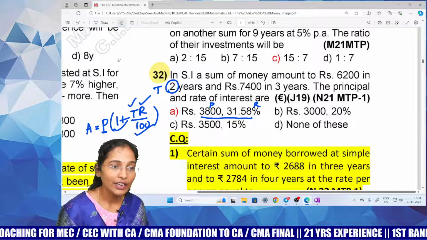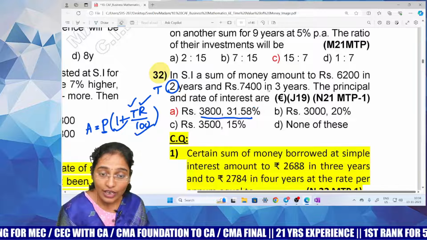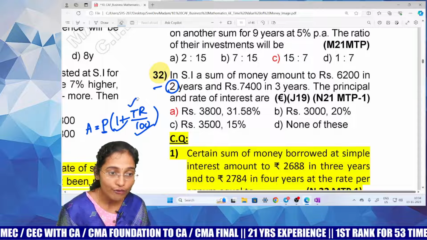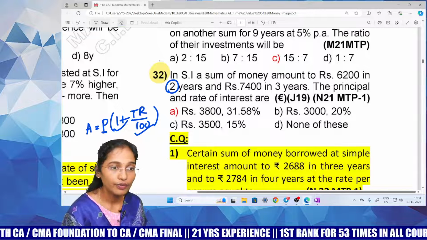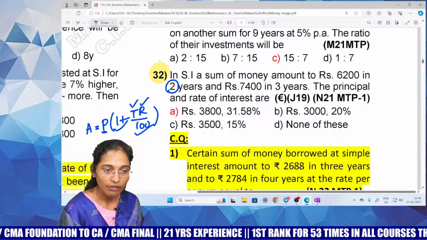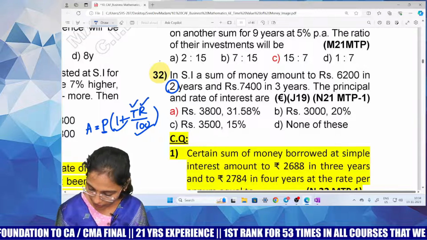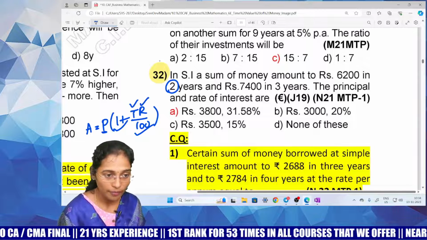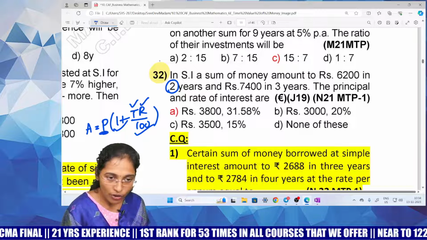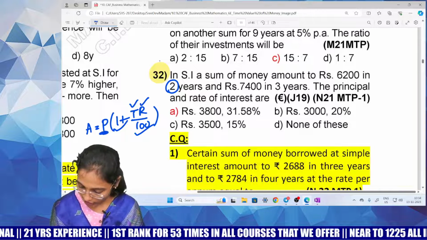Now, please read out the next line, guys. The next line is, in 3 years, it will become how much? 7,400. Means, please replace T equal to 3 years. 3 into 31.58 by 100 plus 1 into P. Perform it, guys. What is P according to option A? Into 3,800.